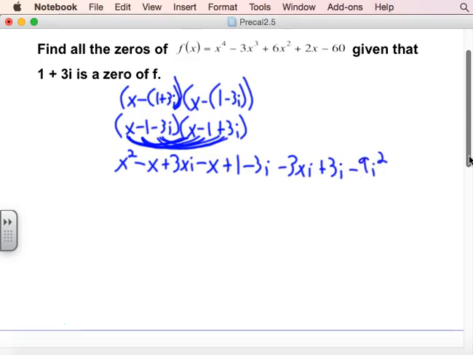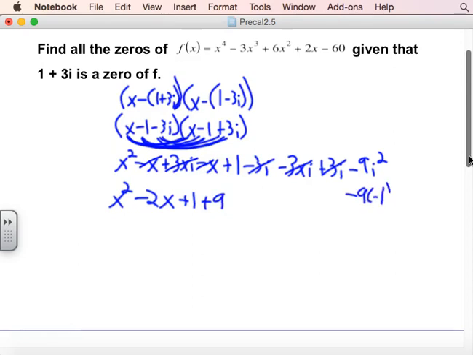All right, then you combine your like terms and see what cancels. So plus 3xi and minus 3xi will cancel. Plus 3i minus 3i will cancel. So we got x squared. We got minus x and minus x is minus 2x. And then we've got plus 1. And we got minus 9i squared. Well, remember that i squared is really a minus 1.